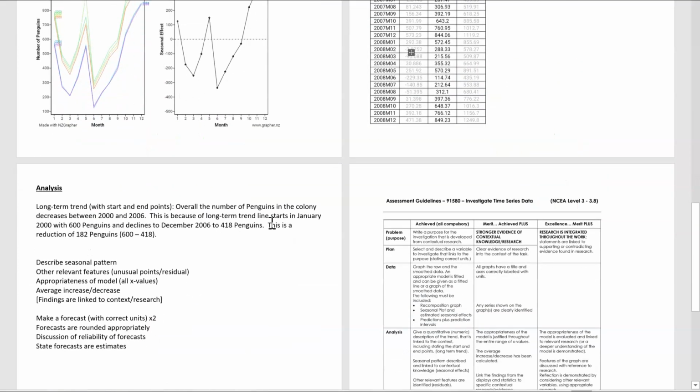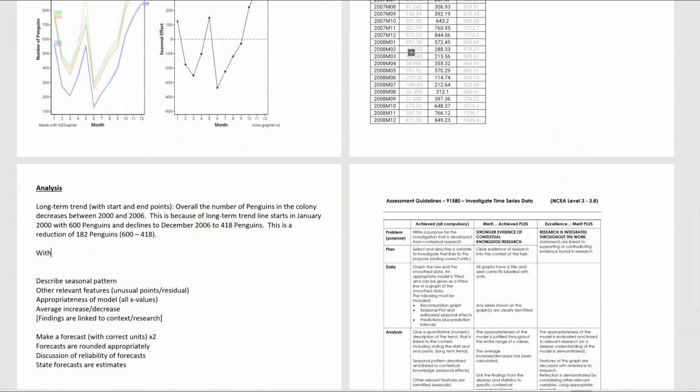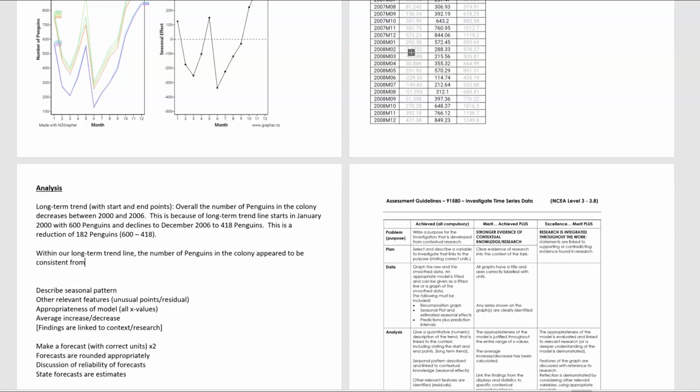Let's chat about that. So within our long-term trend line, the number of penguins in the colony appeared to be consistent from January 2000 to the middle of 2003.